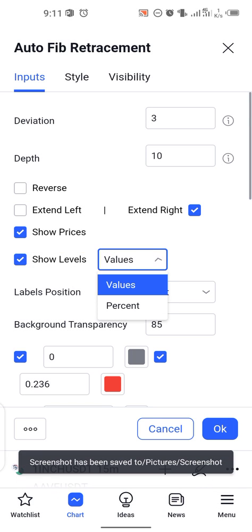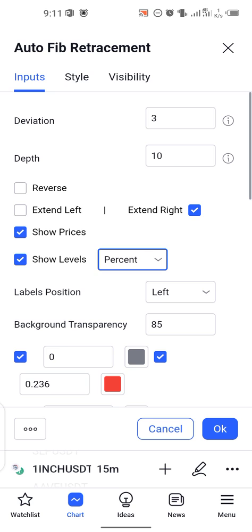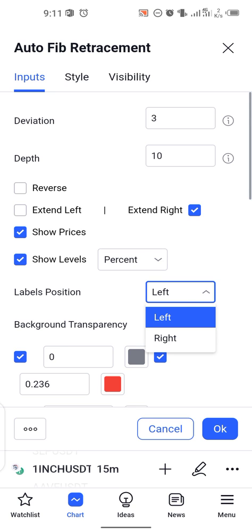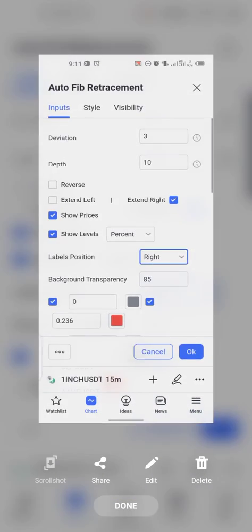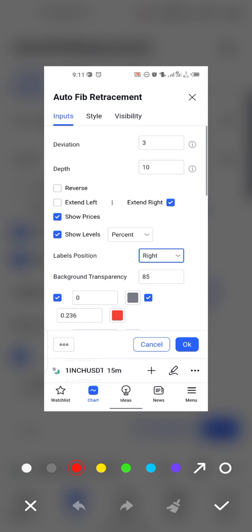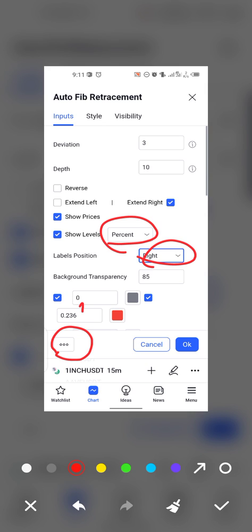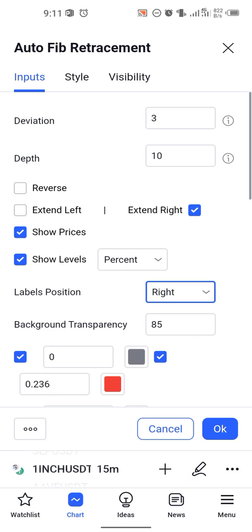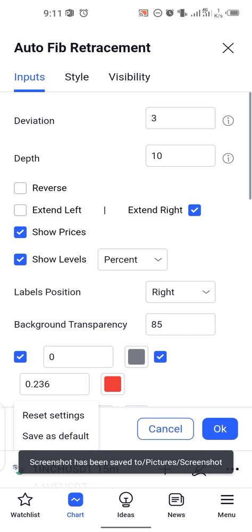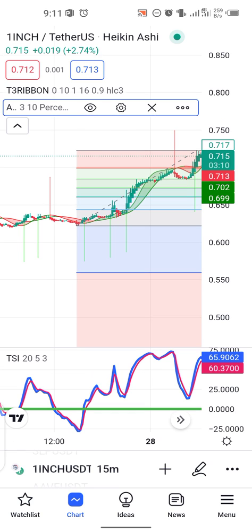We tap where there is values and give it %. We tap where there is left and give it right. So this is how our indicator shall have % here and right here. The next step is to tap on these 3 dots down here, save as default, and tap OK.